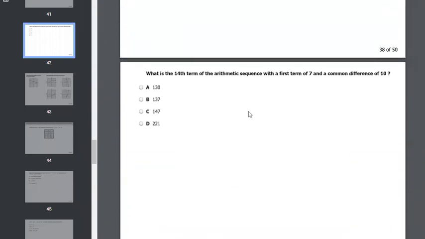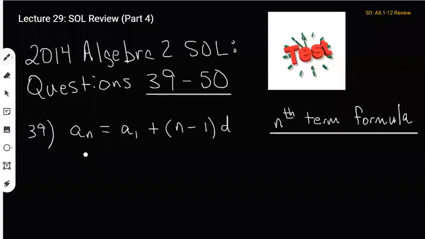It says, what is the 14th term of an arithmetic sequence where the first term is 7 and the common difference is 10? So for the 14th term, what that means is we're trying to find A14.